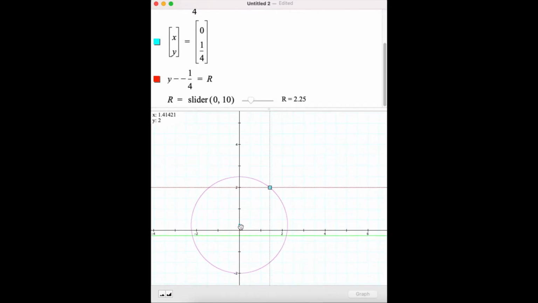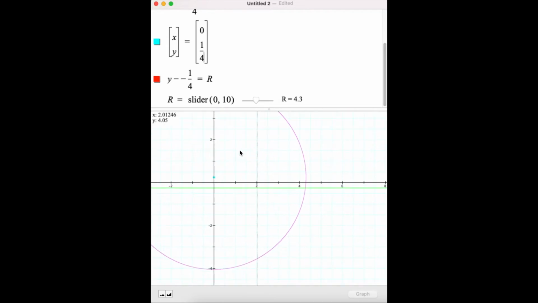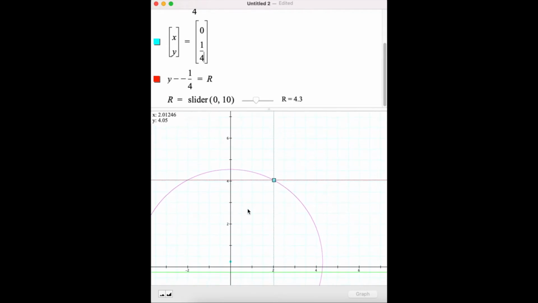This is going to be going upward because my point was above the line. If I get out to when y is 4, I'm pretty close to it there. I don't know what the r value is going to be, a little different, but we're getting out to around 2, 4 there.